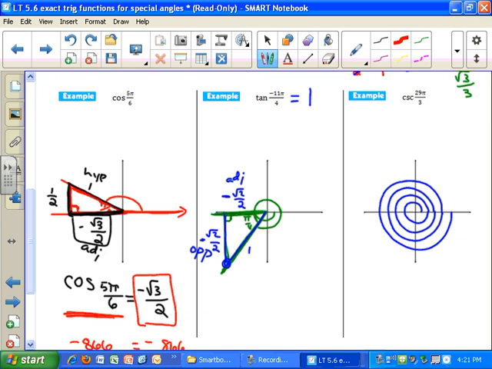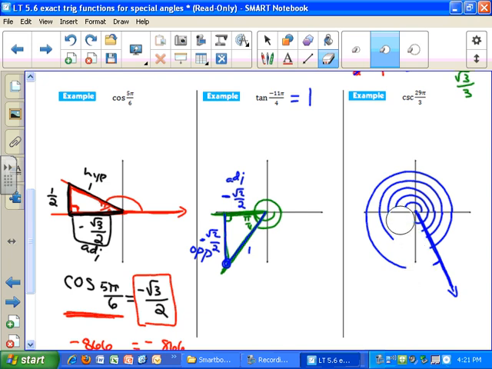So 5 pi over 3 is almost another full 6 pi over 3, or a full revolution. I am missing pi over 3. So that is my terminal side.